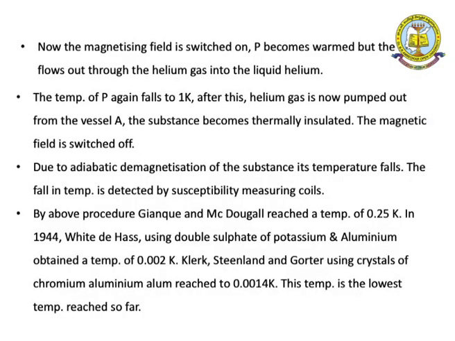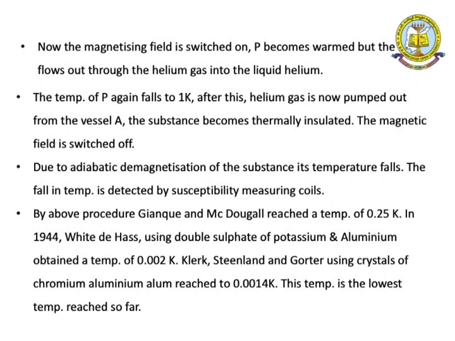Next, the magnetic field is switched on, so that the domains align along this particular magnetic field. P becomes warmed up and the heat flows through the helium gas into the liquid helium, as we just discussed. So the temperature of P falls again, decreasing to 1 Kelvin.